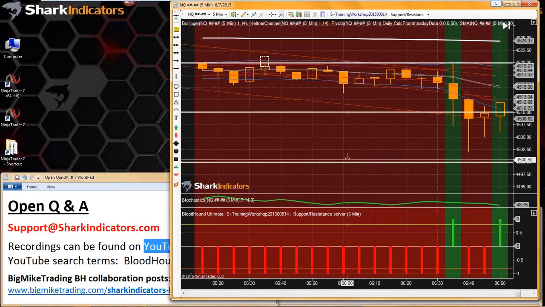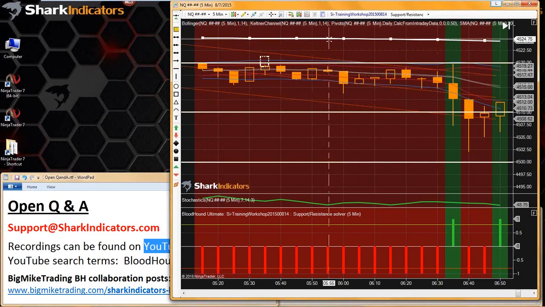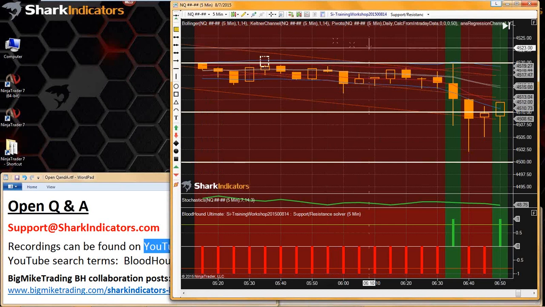Okay. Don't confuse it with this line up here. This is our SMA. Which, I never did use the SMA, did I? So I'll just take that off.